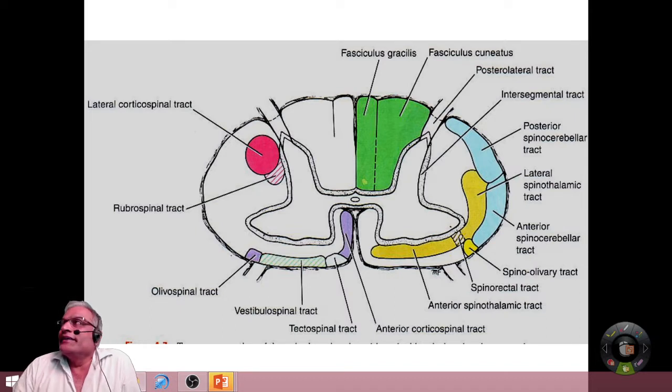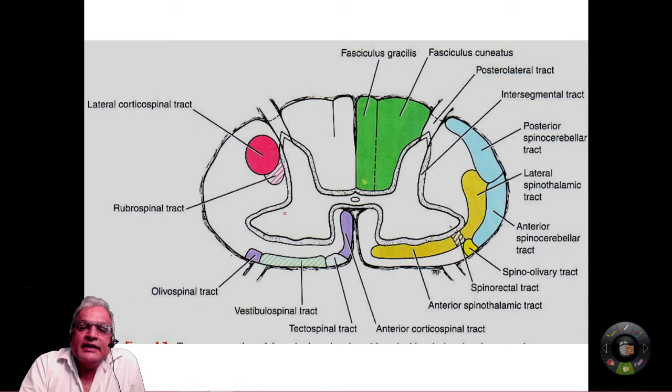Okay, that's fine. So what you see here is that there's an H-shaped central gray matter which surrounds the central canal. This is your central canal, and this is the H-shaped gray matter that you see here. And this is surrounded by the white matter, right? So what you have in the gray matter?